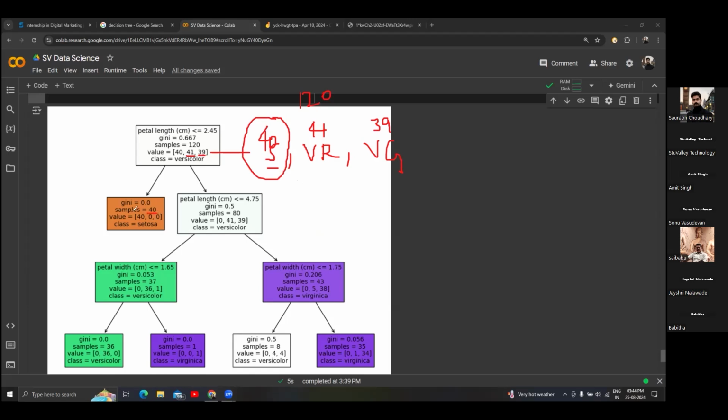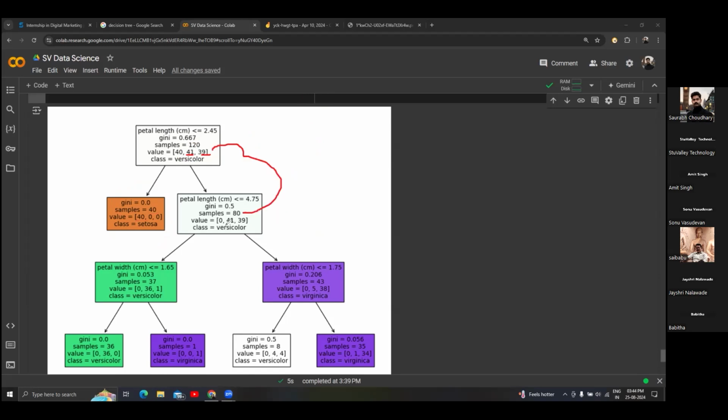So among 40, it is splitting again for the three flowers. Now you will see that all the points gone for the setosa. That's why setosa ends here. But if you see 41 plus 39, which makes 80.